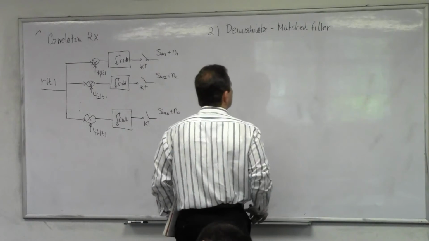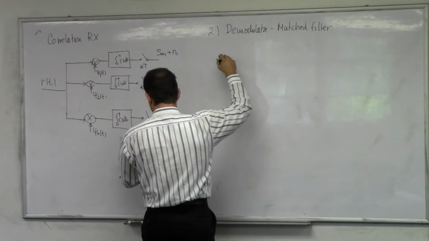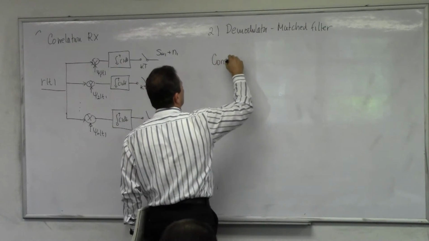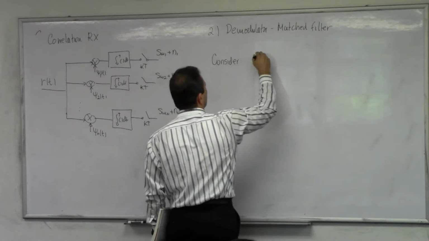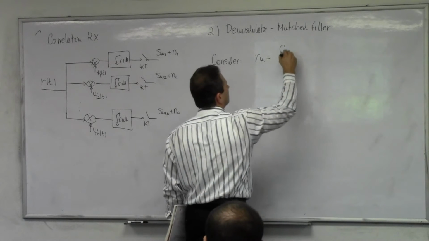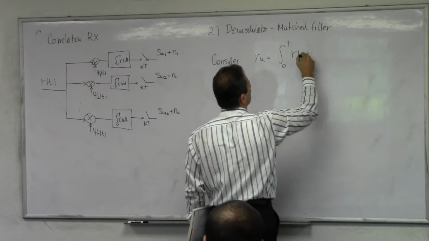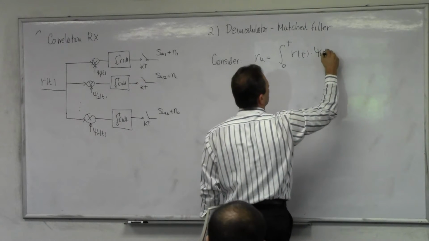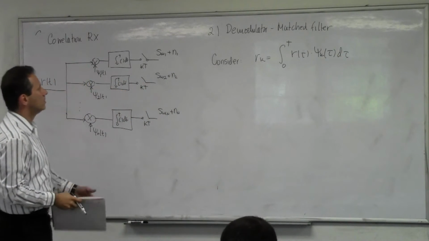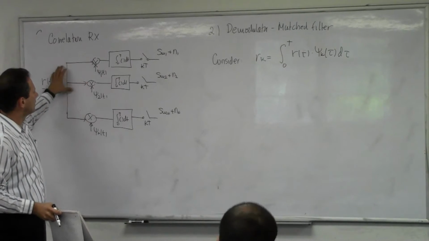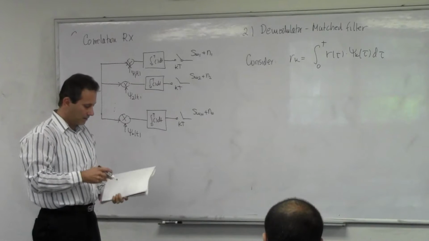To understand what the matched filter receiver does, consider a task that is done by the correlation receiver. r_k is determined as the integral from 0 to T of r of tau, psi k of tau, d tau. This is what my correlation receiver does in every branch. The signal r of tau is the same, but then it gets multiplied and integrated depending on which branch you are in.